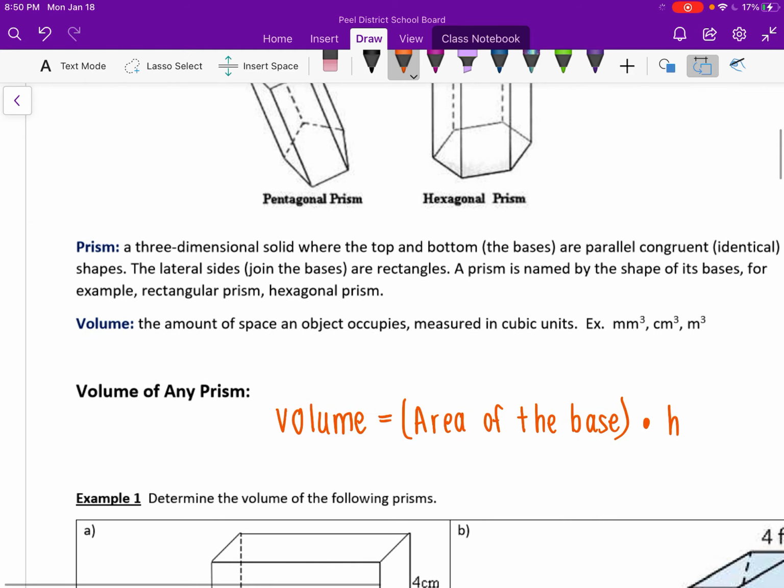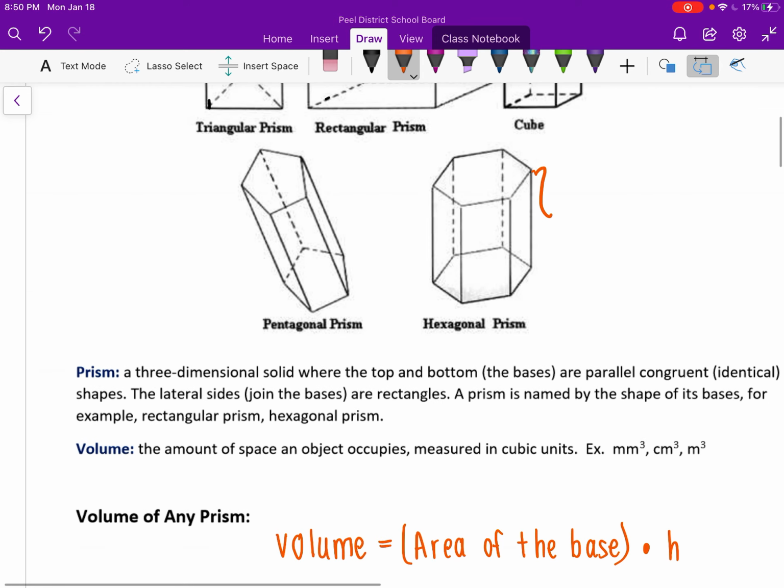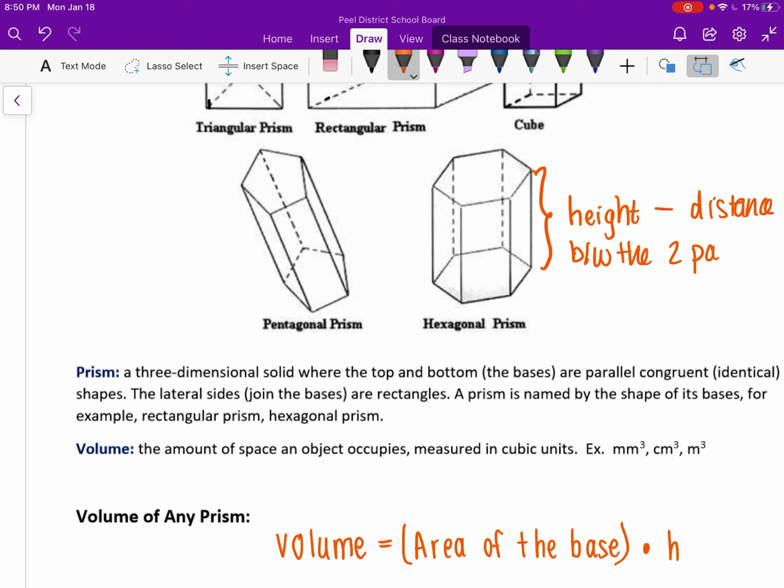And the height is basically the height of the rectangles, the distance between the two parallel sides.